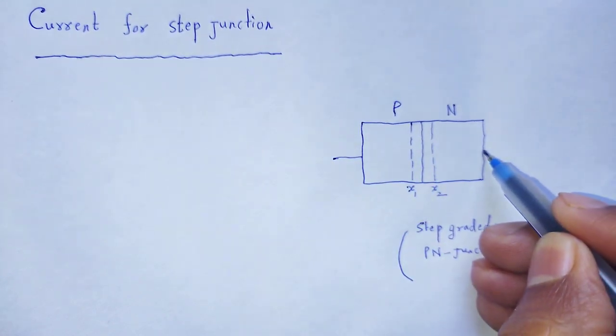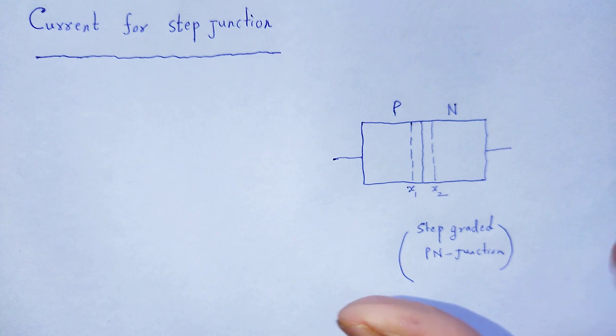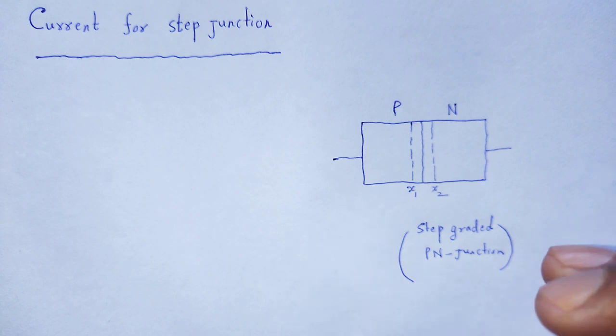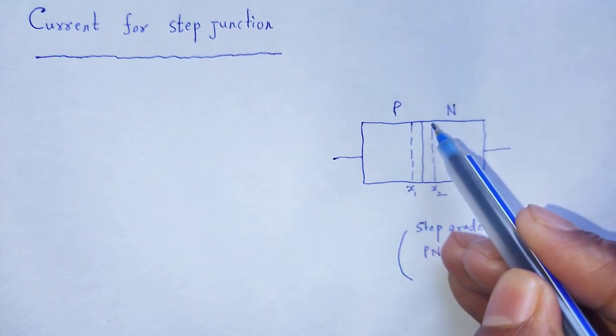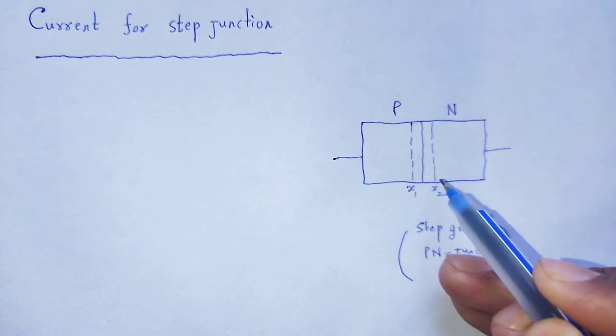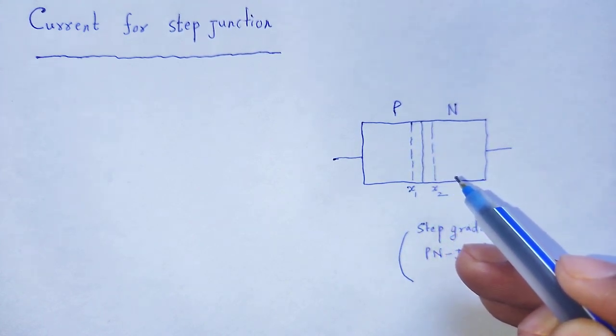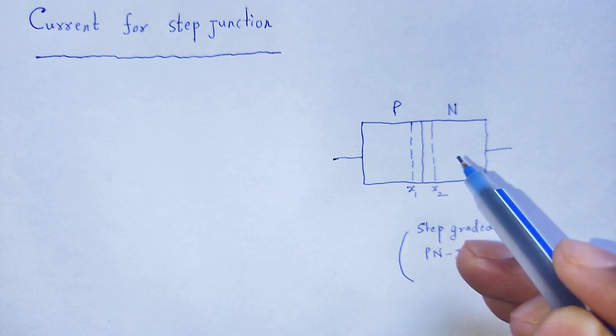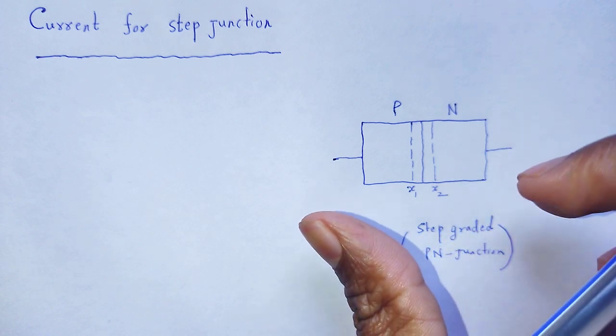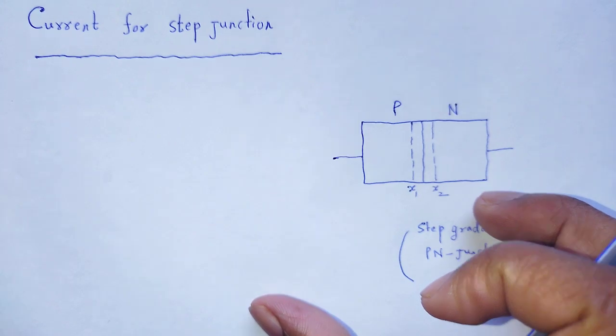We do not apply any kind of external electric field. Therefore, throughout the depletion region, or we can say throughout the junction, no current flows, that is, it is open circuited.